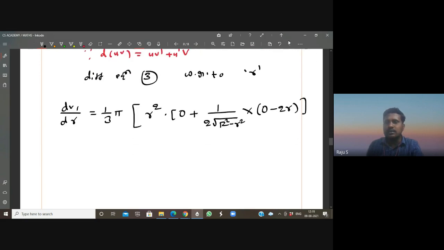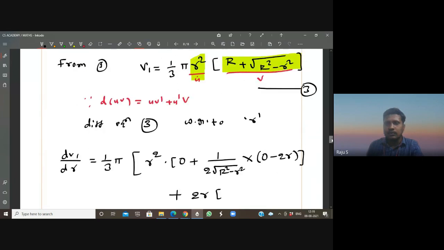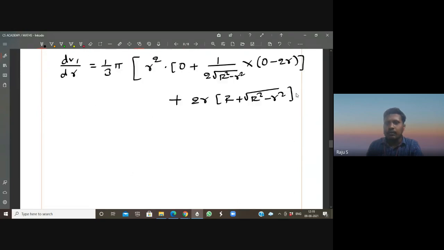This is UV dash plus U dash, where the derivative of small r square is 2r, into capital R plus root over R square minus small r square, whole bracket.